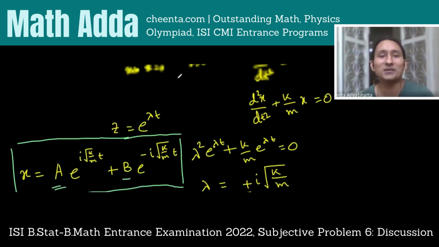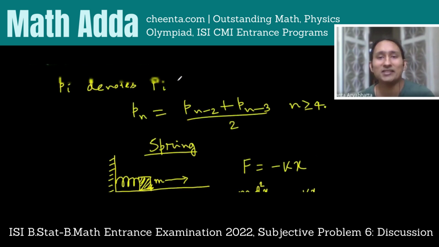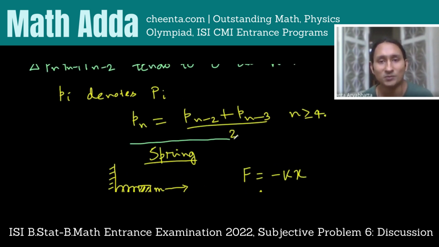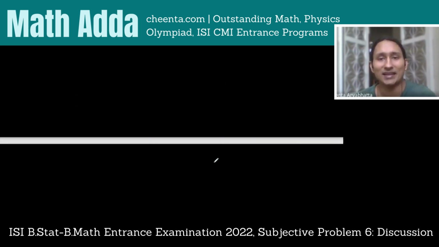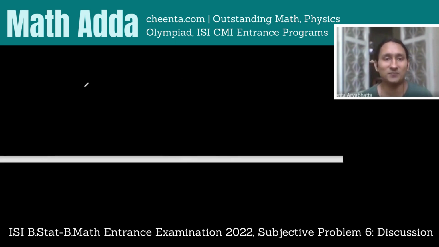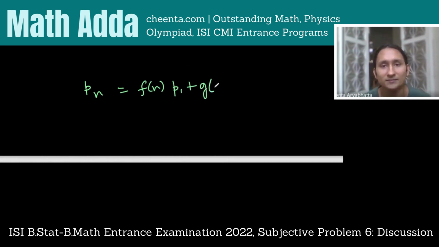Actually, in this particular problem, the one we're solving right now, I was initially reluctant to use complex numbers. So what I did is I noticed that every Pn can be written as a linear combination like this: Fn P1 + Gn P2 + Hn P3.